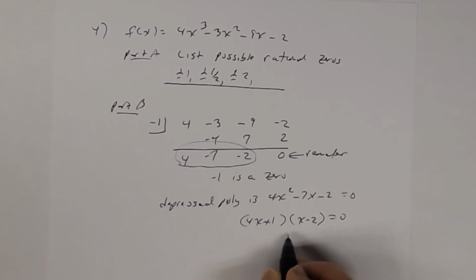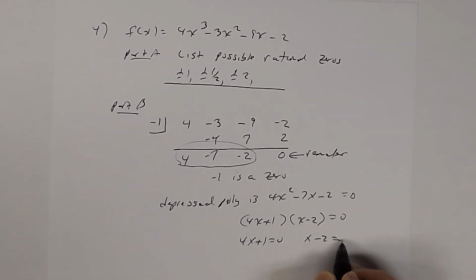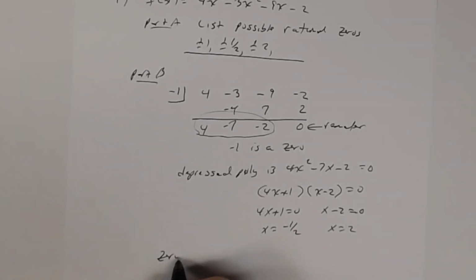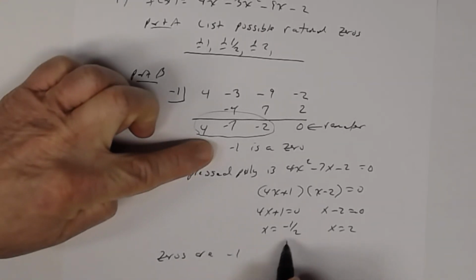I set each factor equal to 0, and I get my other zeros to be negative 1/2 and 2. So all my zeros together are rational, and they are negative 1, negative 1/2, and 2.